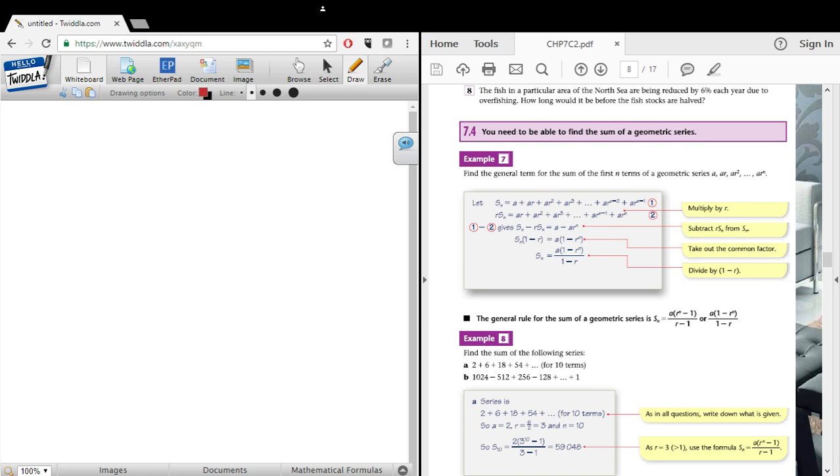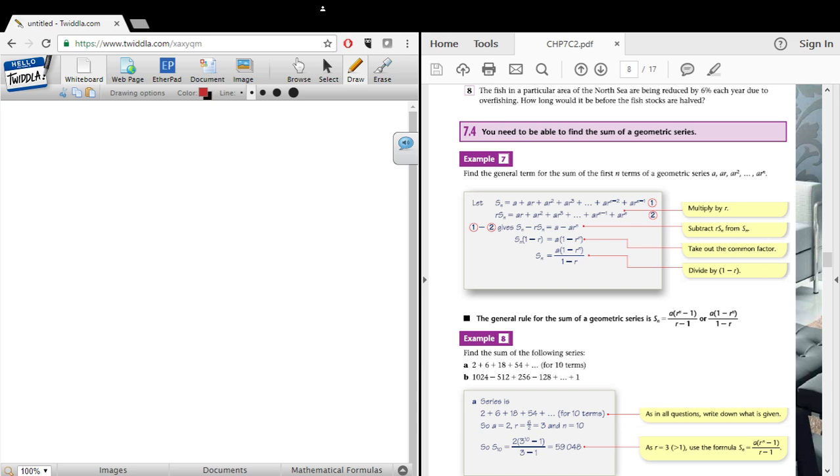This is calculating the sum of the geometric series. If you remember, we calculated the sum of the arithmetic series previously, so now this is just dealing with the geometric form of a series, and adding them up together to find the sum.